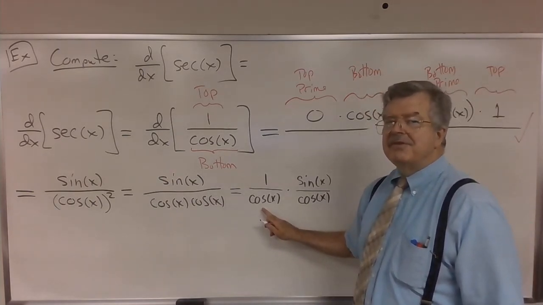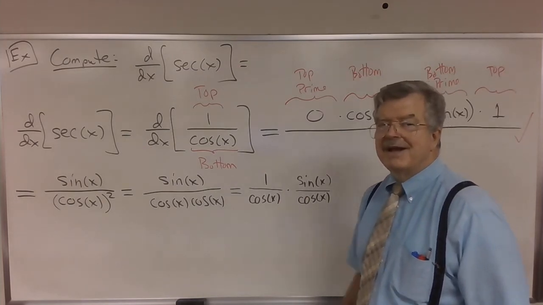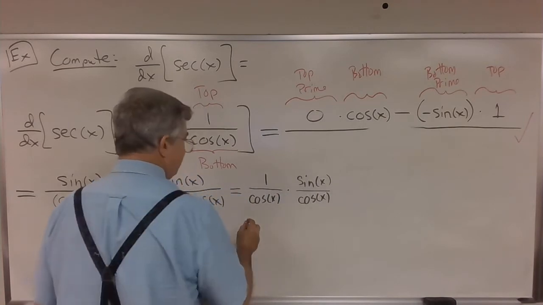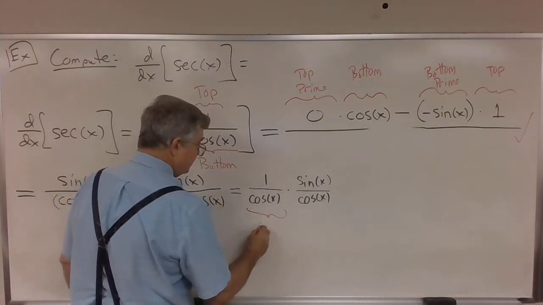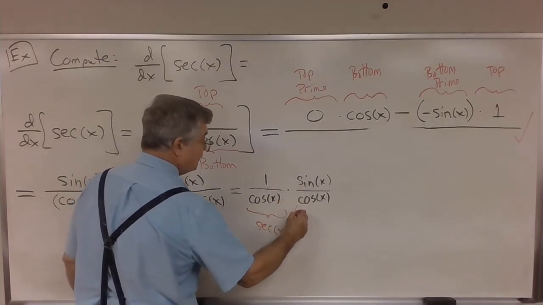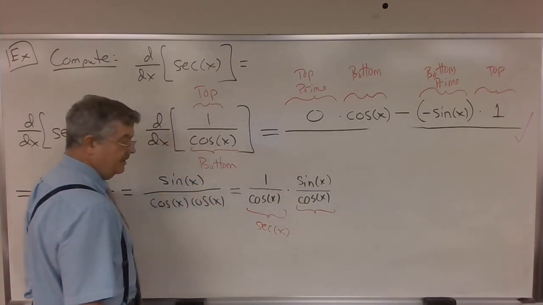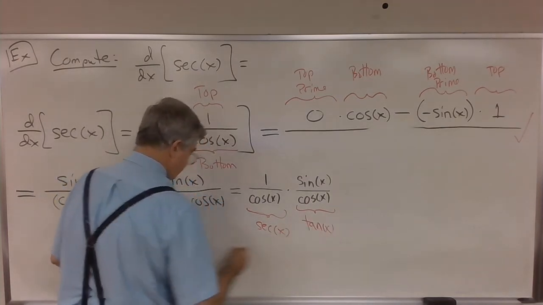We've seen this a few times already in this class, haven't we? 1 over cosine of x. What is it? Secant of x. And sine of x over cosine of x, we know that is tangent of x.